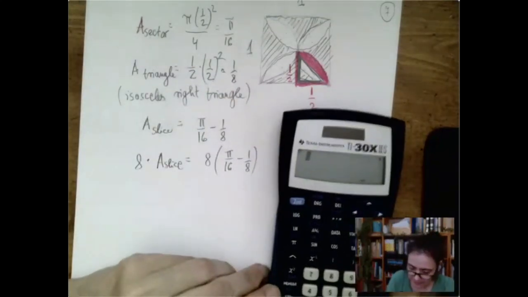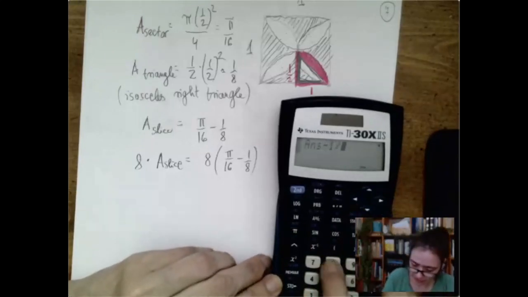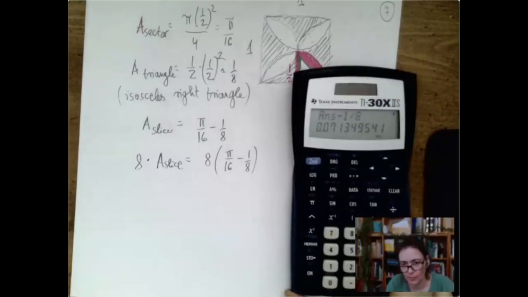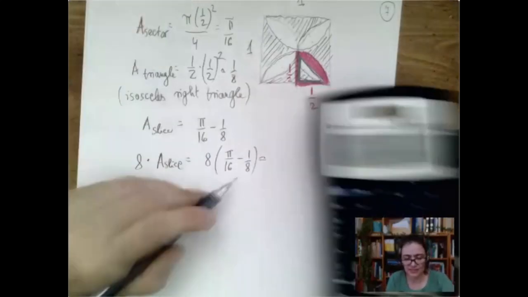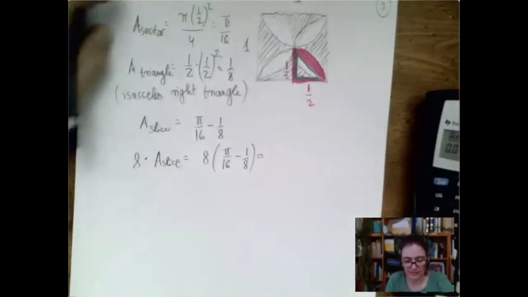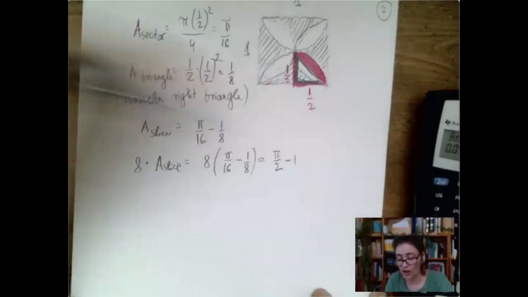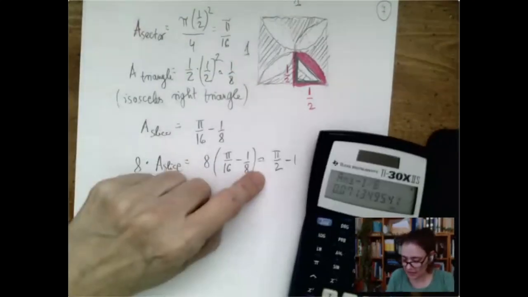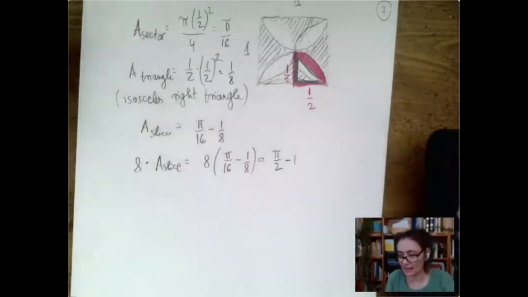It is positive, but boy, it's not big, 0.07. But I find it interesting that when we multiply it by 8, we get pi over 2 minus 1. Now, pi is 3 and change, so pi over 2 is 1.5 and change.